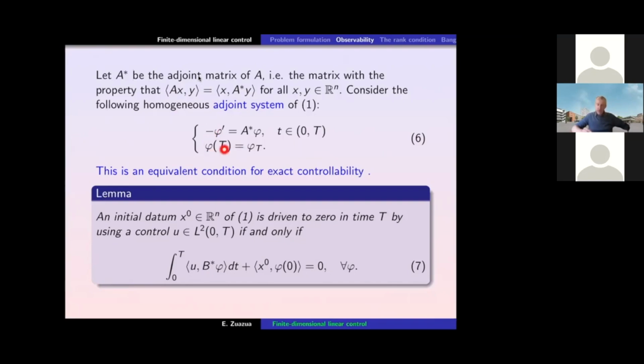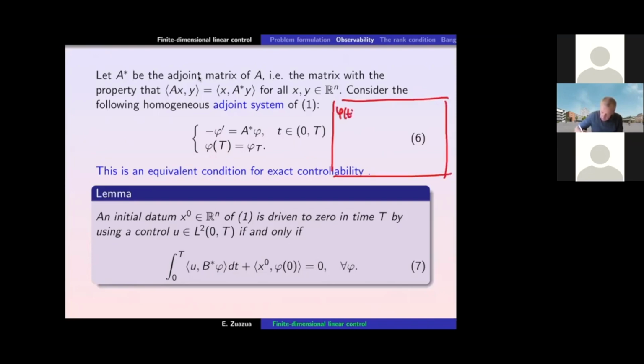You don't take the initial condition at t equals 0, but you rather take the condition for the Cauchy problem at time t equal to capital T, right? Of course, in the context of ordinary differential equations, this doesn't really matter, right? So I can apply the classical theory of ODEs, and then I know that this system will have a unique solution, and then the solution can be written.